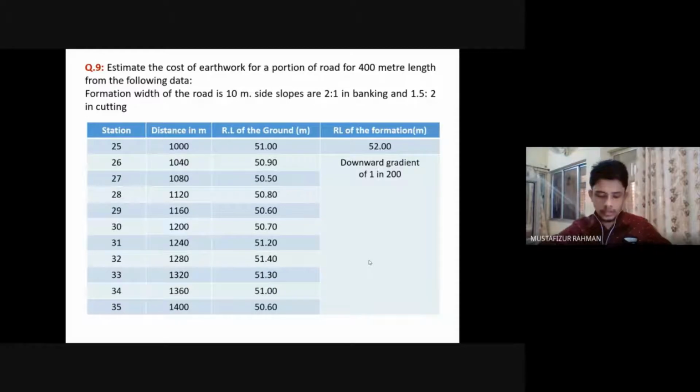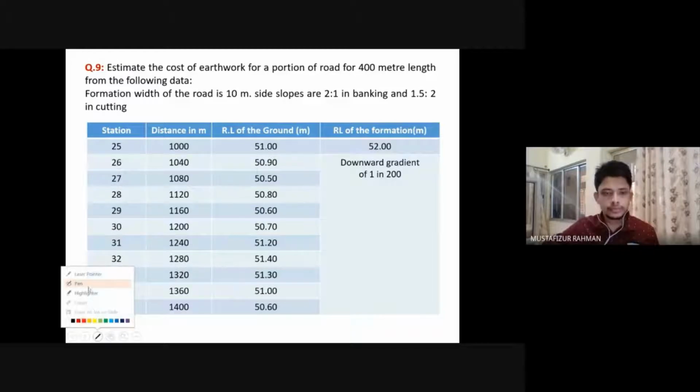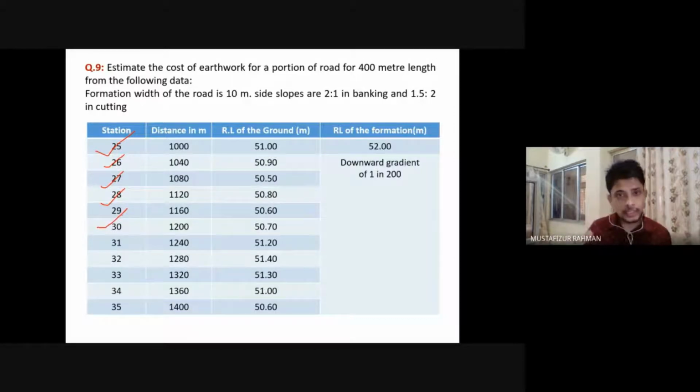Moving on to the next problem, it's exactly a similar type of problem, only a slight difference is there. Let's see. So here also, what we are given are different stations. These are the stations where we have done the surveying work, right? These are survey stations. So for those survey stations, what are the chainages?